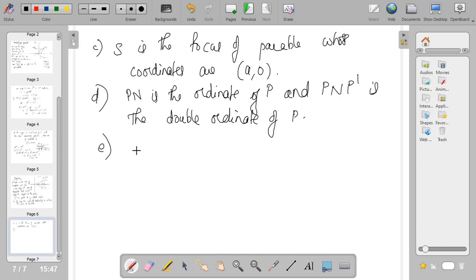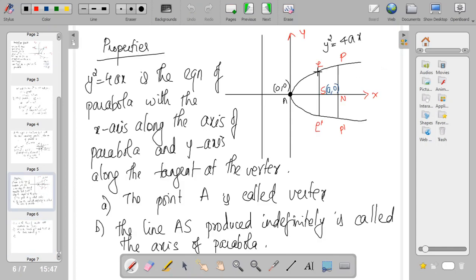And now if you take the double ordinate of L, so here you have the focus. Take the perpendicular line touching the parabola passing through S. So that gives us a point L, and for the point L, the double ordinate is LSL dash.